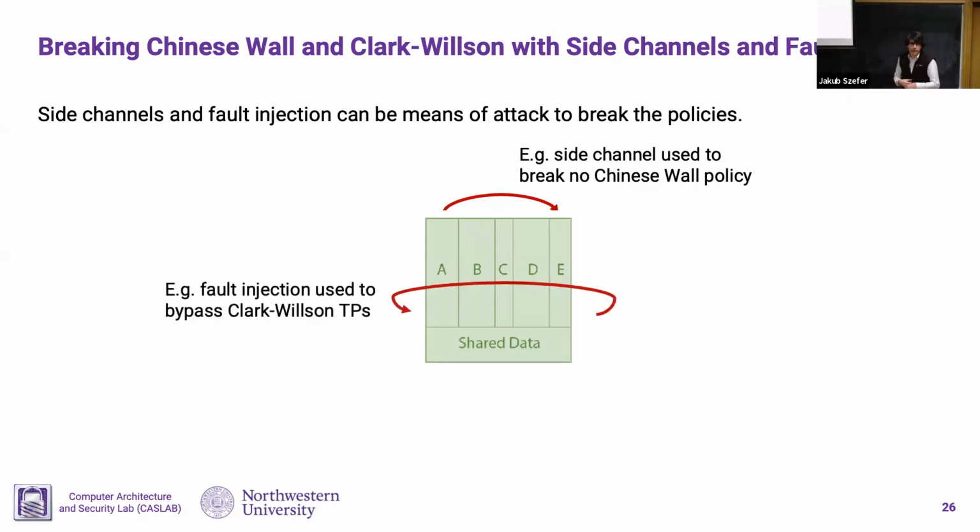Or with fault injection, like the Rowhammer problem in DRAM memories, when you're doing some work, maybe you can induce a fault that modifies something in another class, and even though Clark-Wilson protects integrity, you're able to bypass it through the fault. So we'll spend a lot of time talking about side channels and fault injection. The key thing here is that even though you have a formal policy to protect confidentiality and integrity, side channels and fault injection can be used to bypass it.